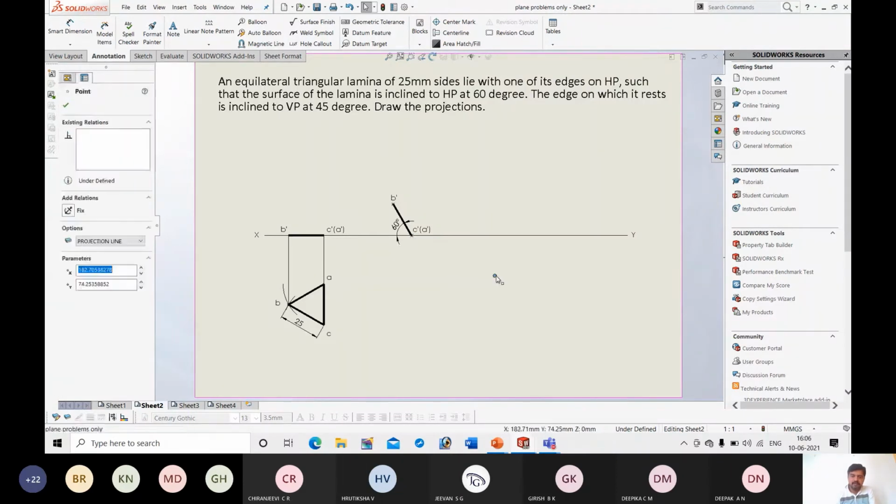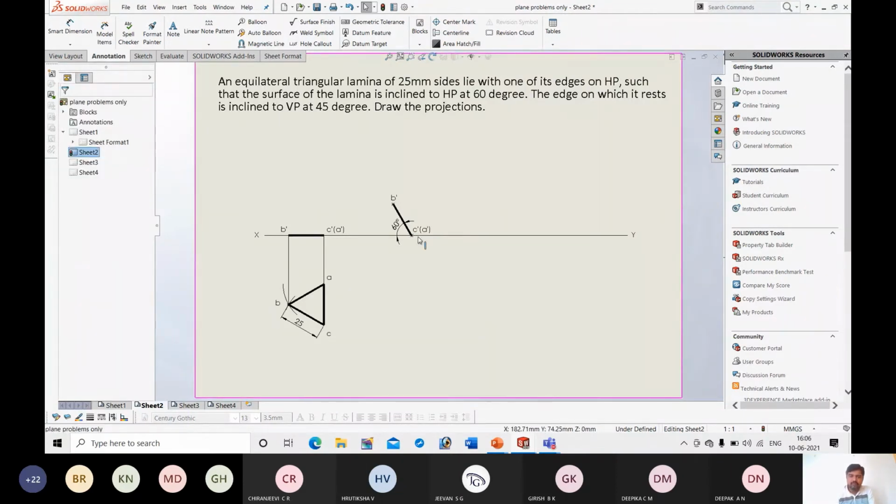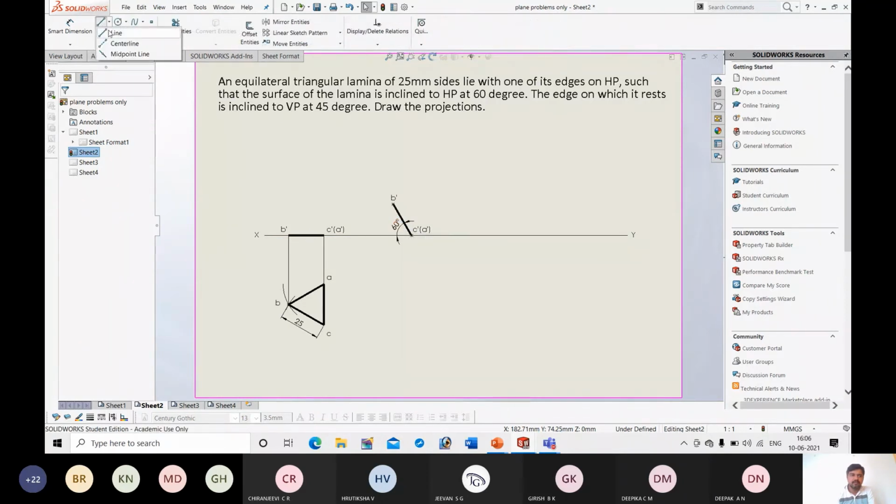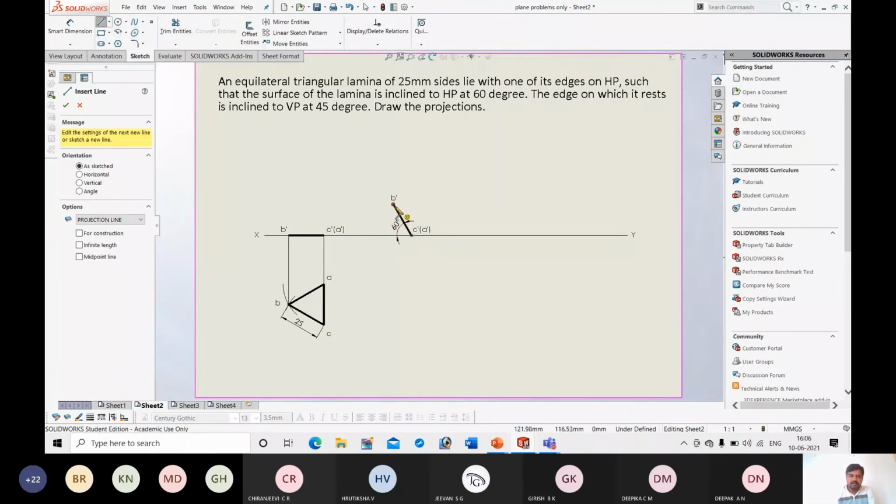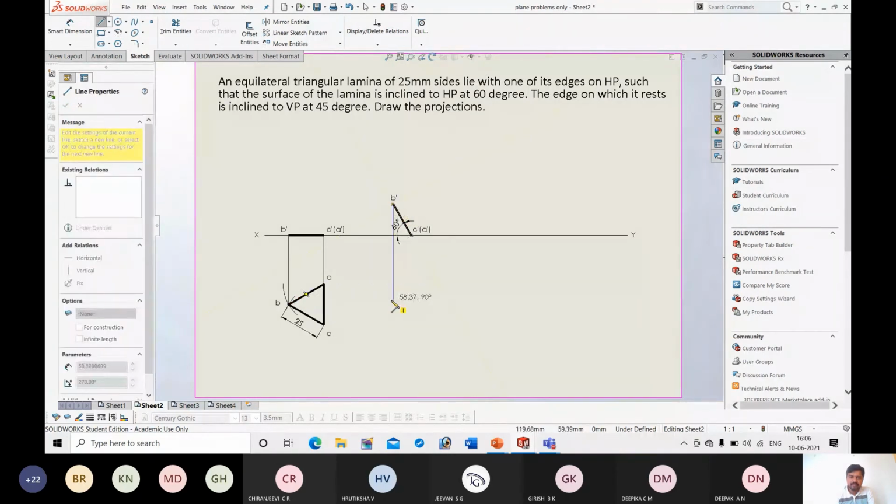Now I will draw the top view in this position, the top view when the lamina is making an inclination of 60 degrees with HP. For that, you should project points from this front view to the top view. Project points from B in this direction.